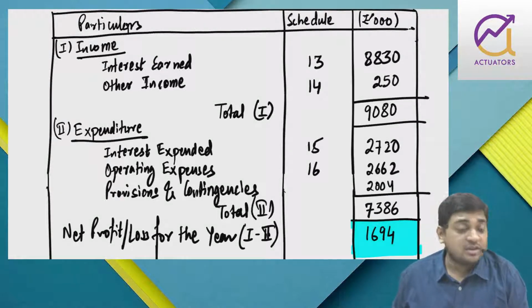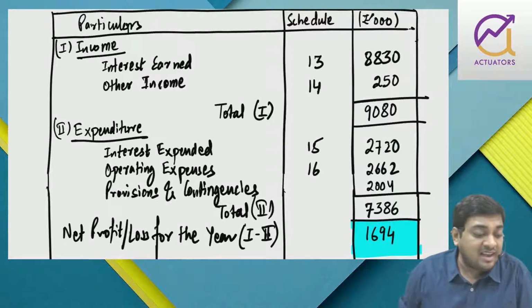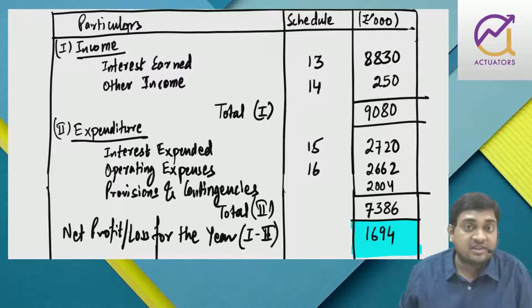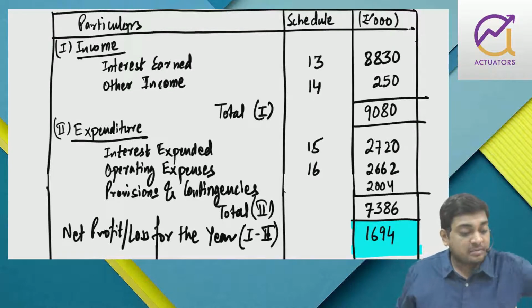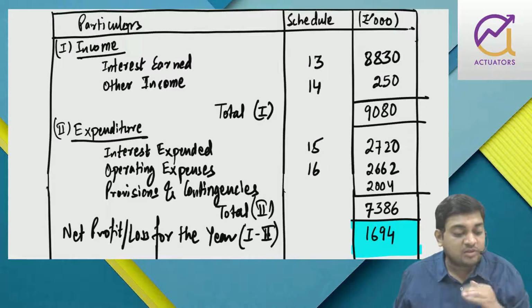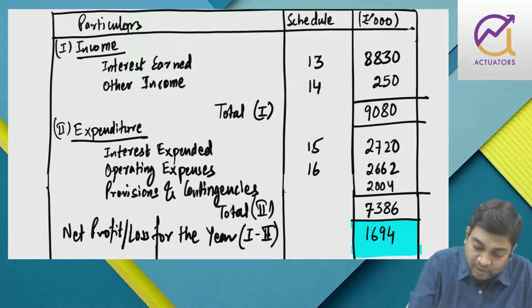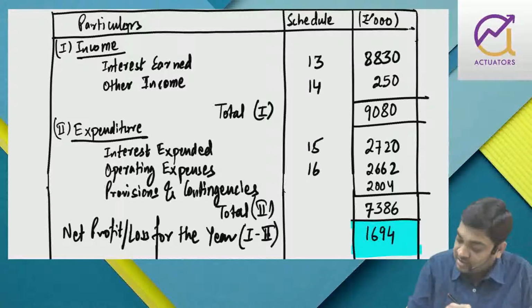Sir, if provision for advances is already calculated and tax provision, then why have they given the calculation of classification of advances? Because there is a part B also, that apart from the PL you need to calculate this provision on advances. However, it has already been calculated. So this is like two parts.